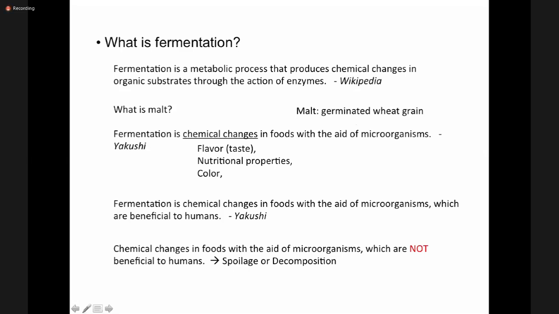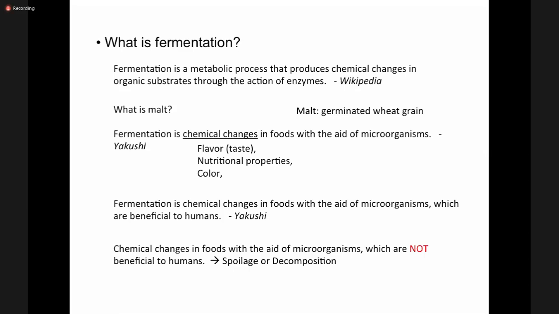It induces chemical changes in wheat grain, actually chemical changes through the action of enzymes.